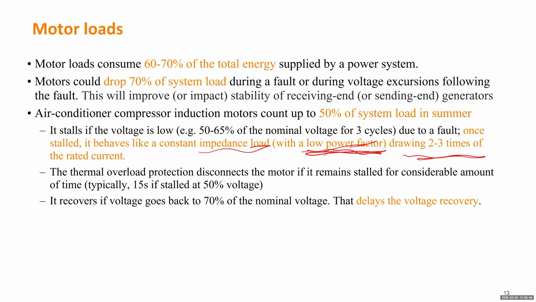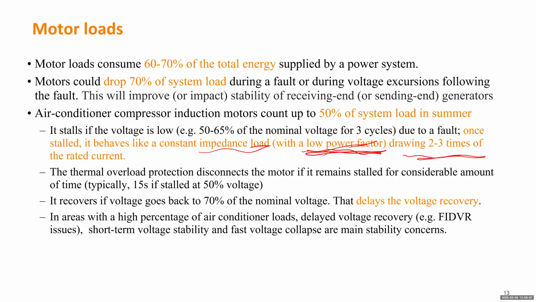There's one example in Southern California, because in summer they have a lot of air conditioner load, because of the stalling issues, and the voltage takes a very long time to recover. Okay, there are always some percentage of motors that are stalled, and then restart, then become stalled again.